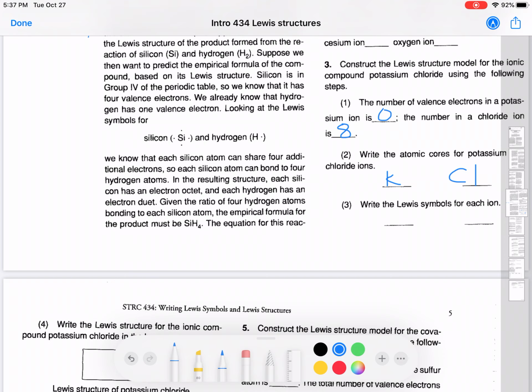Since the potassium ion doesn't have any electrons, there would be K plus 1, and then the chlorine would be minus 1 with 8 electrons. Because chlorine has 7, by gaining 1 it becomes chloride: K plus 1, Cl minus 1.